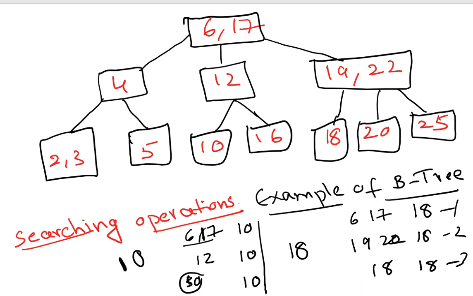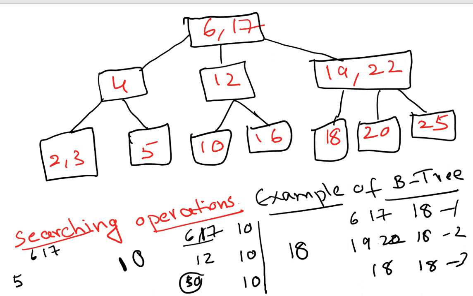Give any one example to search in this tree. Which number do you want me to search? 5, sir? Assume that you want to search an element. How many operations do we require?